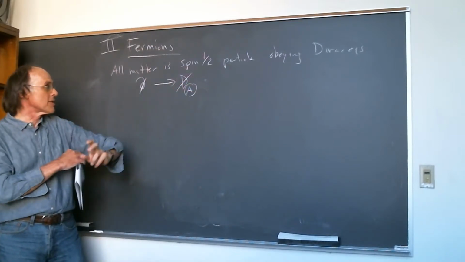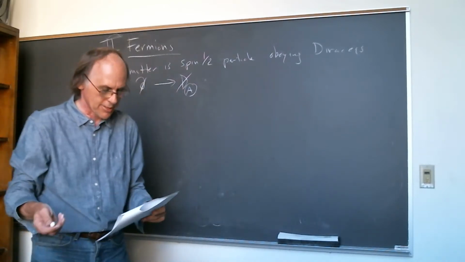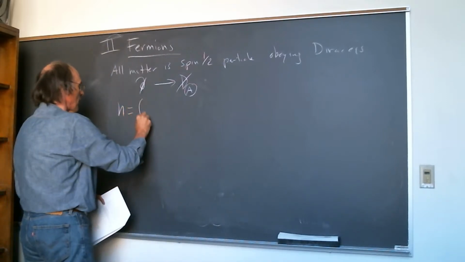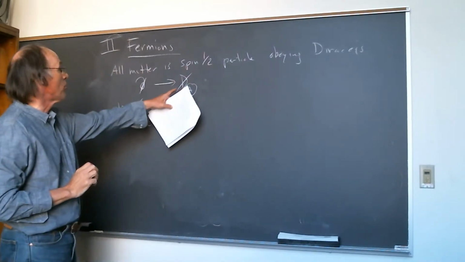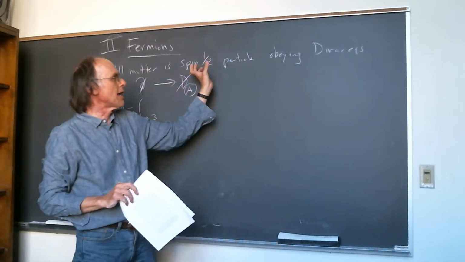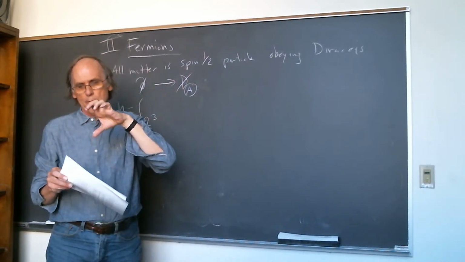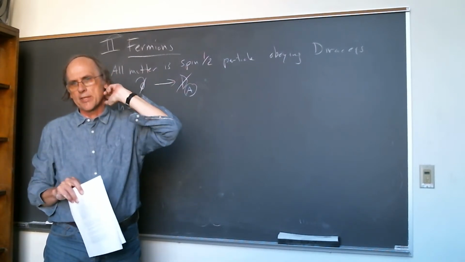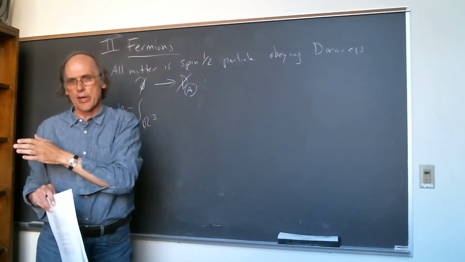Okay, and maybe let me write this out like I did in the notes. So you have H, it's just the 1 over R3, and now the point is you have a bunch of these spin 1/2 fields, but you can have multiple copies of them which transform in different ways as representations of this U1, SU2, and SU3.